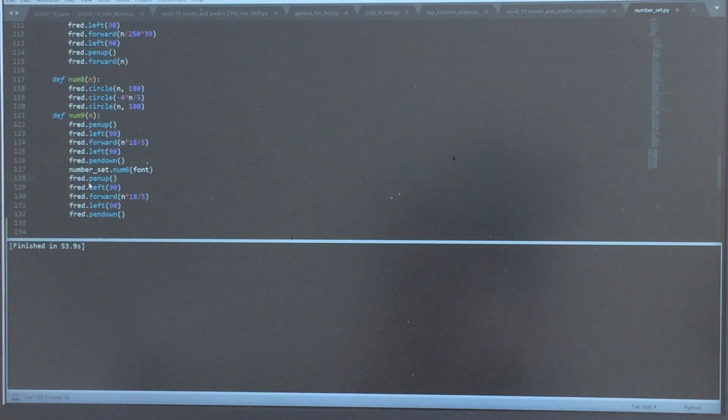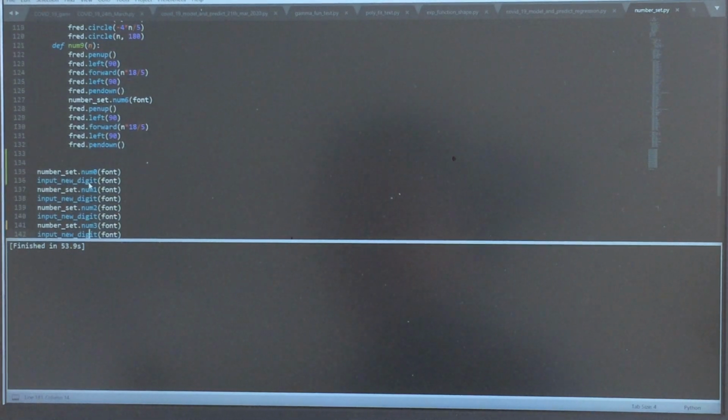So I get the turtle to the top of the 180 by 100 imaginary rectangle, and then I make it face left, and then I do that. I draw a number 6 there, and then it just goes back to the original position.